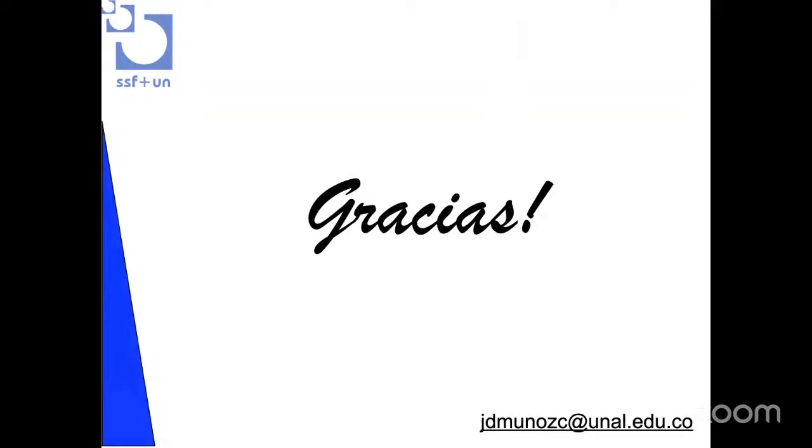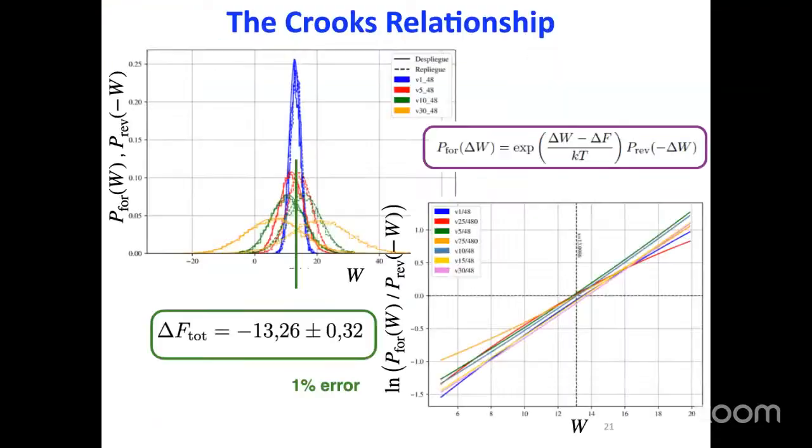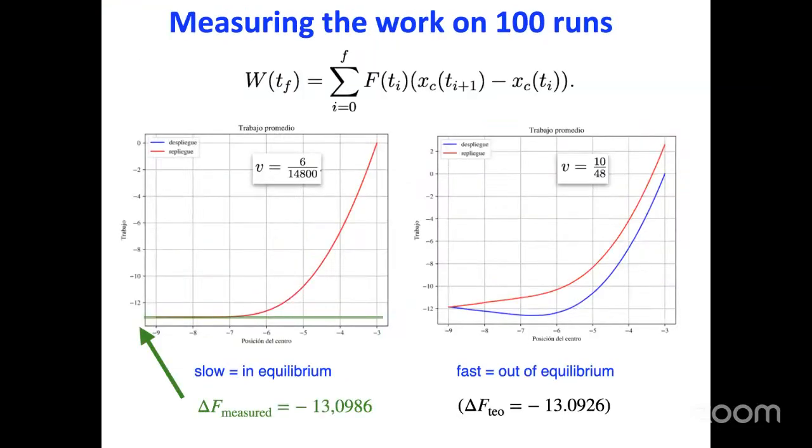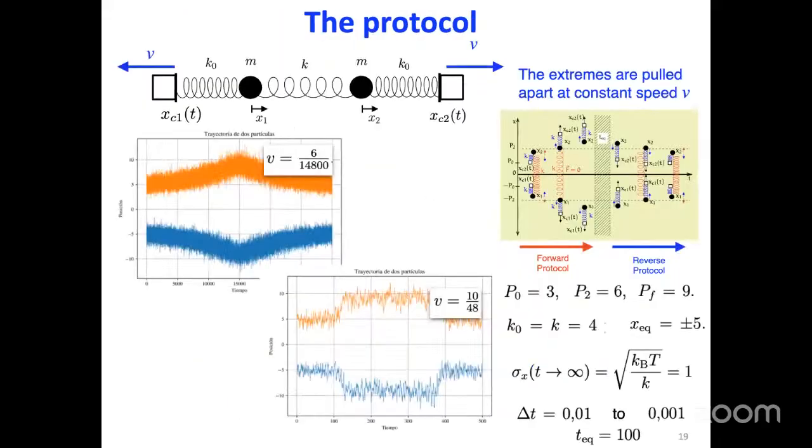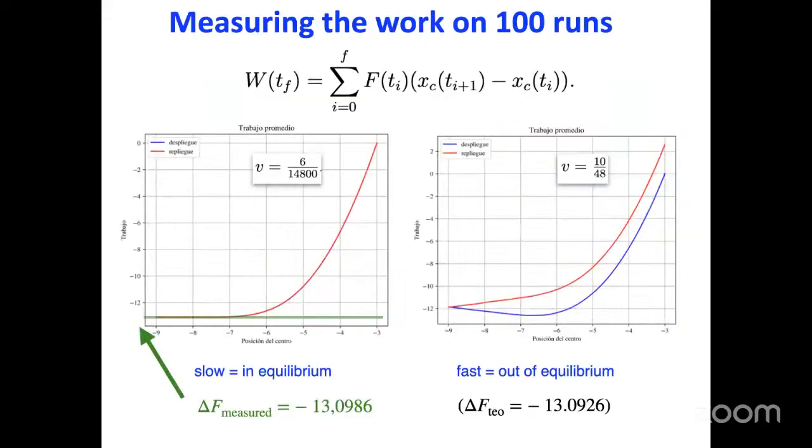Your definition of the work at the final or almost final slide was not exactly the one that you advertised in the beginning. It looks like the heat. Which one? Oh, yeah, this one up there. This is force times displacement. And you said this is not the right work. The work is actually the variation of the stiffness times the energy.